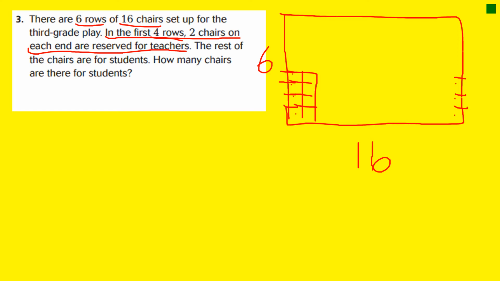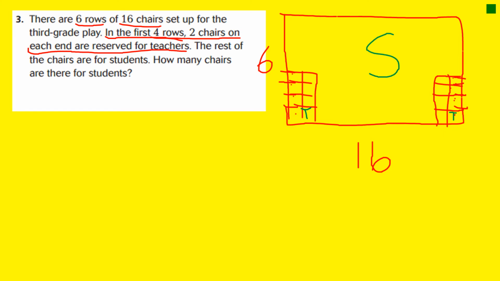Oops, I made those too big. Here, I'm going to squeeze one in there. 1, 2, 3, 4 rows. Okay, so those are for the teachers. All of these on the sides. So that's a good diagram, right? Let's see. The rest of the chairs are for students. So everything here, those are student seats.